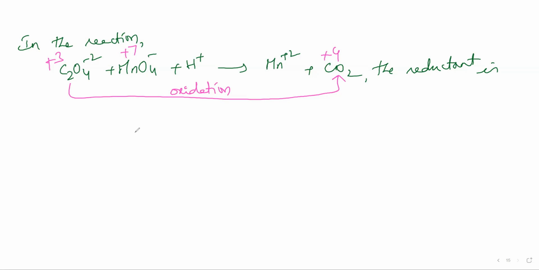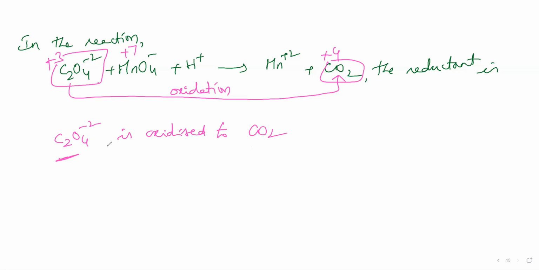What does that mean? C2O4 2- is oxidized, +3 to +4, to CO2. This is the oxidation product.